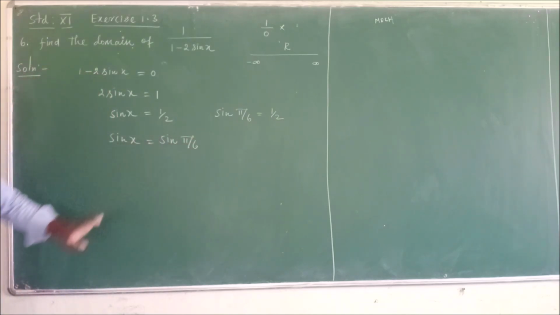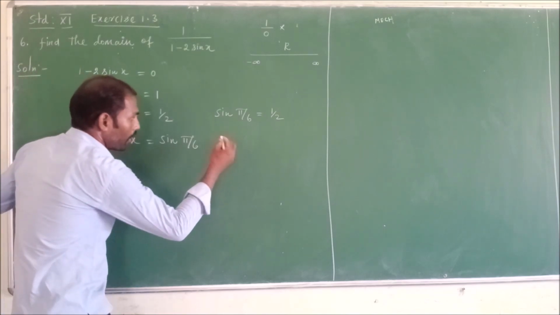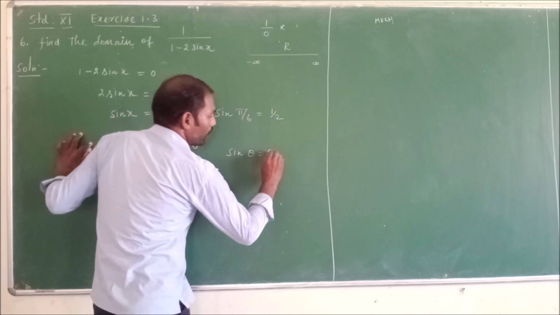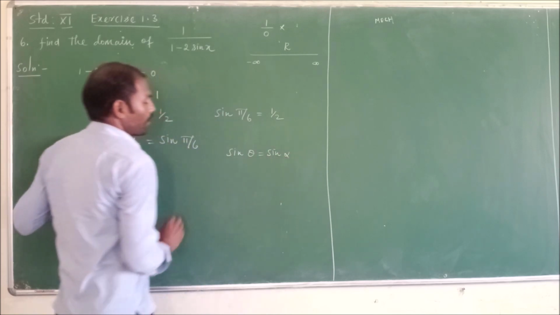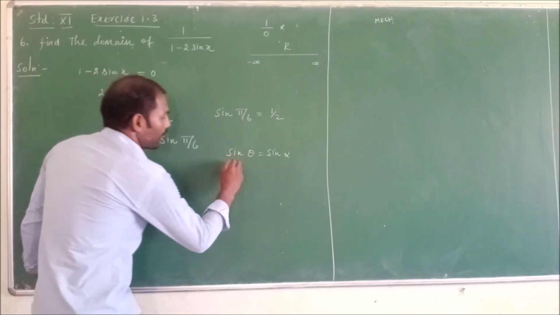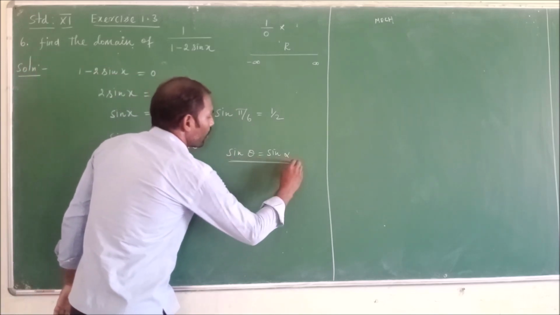Therefore, sin x equal to sin 5 by 6. This is one of the formulas for the trigonometric solution of the case sin theta equal to sin alpha.